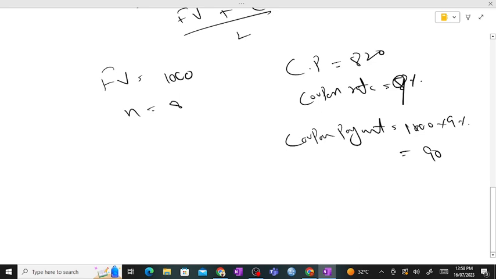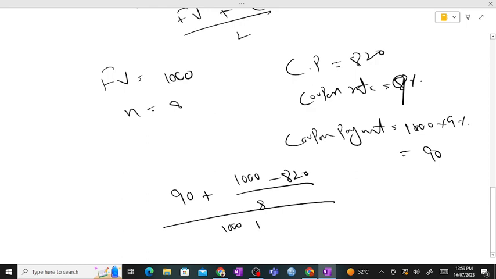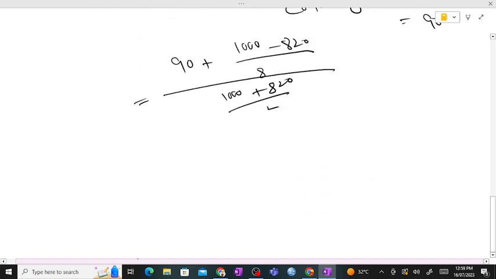Now, 90 plus the face value of 1,000 minus 820, divided by 8, all divided by the face value of 1,000 plus 820 divided by 2. Just put those values into the formula.